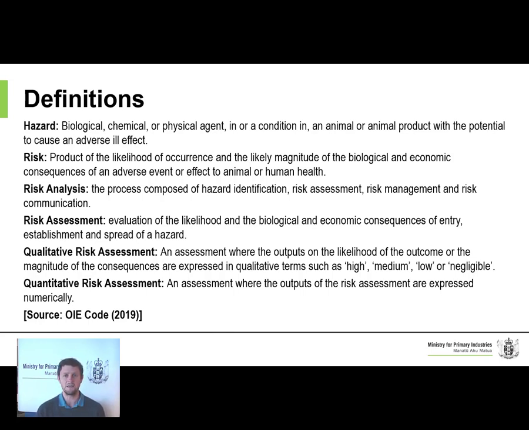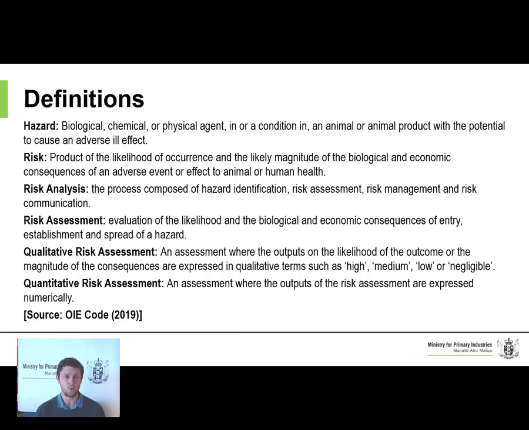We use the example of an individual hopping into their vehicle, the types of risks or hazards associated with going for a drive, and the considerations a driver needs to make when going for a long journey. Risk analysis is the process composed of hazard identification, risk assessment, risk management and risk communication.